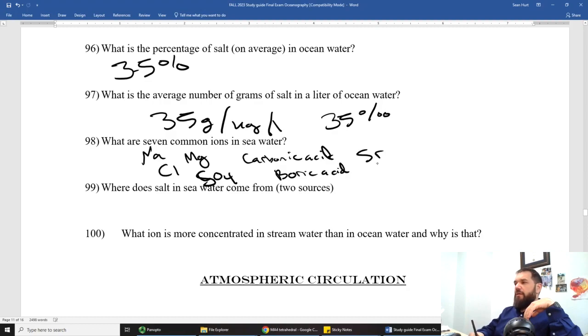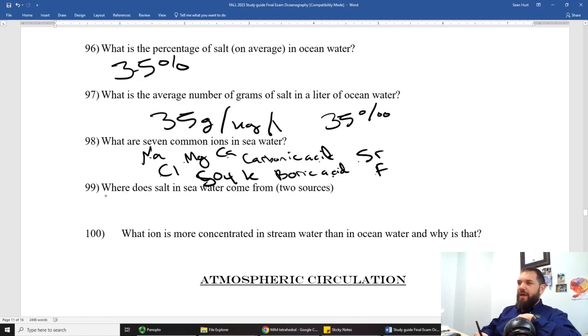There's also strontium, and fluorine. Before I even mentioned those, there's also calcium and potassium. So you should really know sodium, chloride, magnesium, sulfate, calcium, potassium, and then carbonic acid, boric acid, strontium, fluoride. That's a lot more than what you even need. But I put them in order for you.